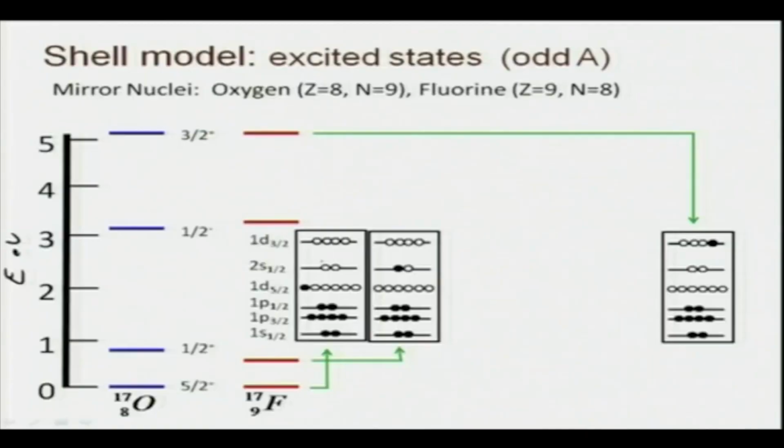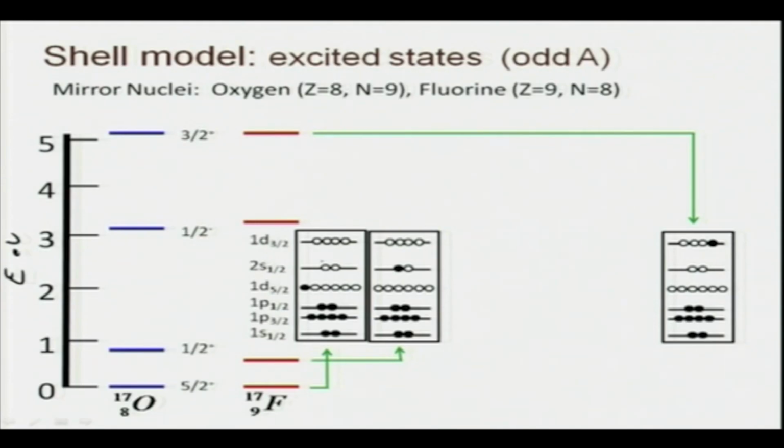So, if you give something of that order, 2 electron volts, then it will break the pair. Here we can say that the outermost completed subshell is 1p1/2 with 2 neutrons in the case of oxygen.